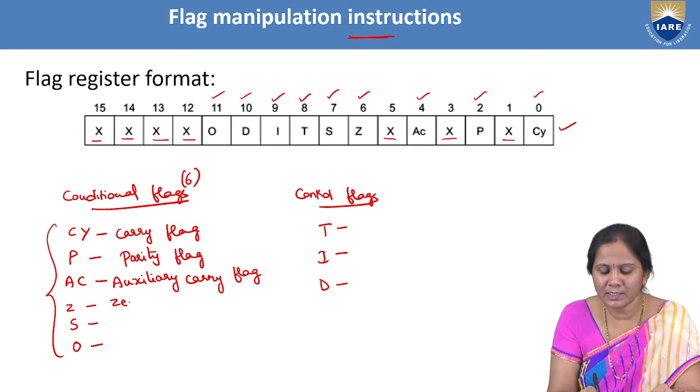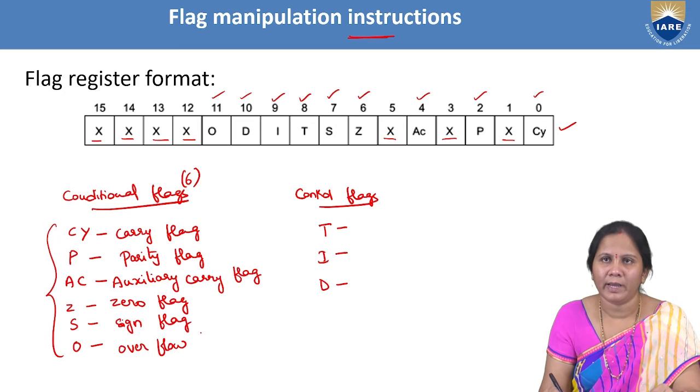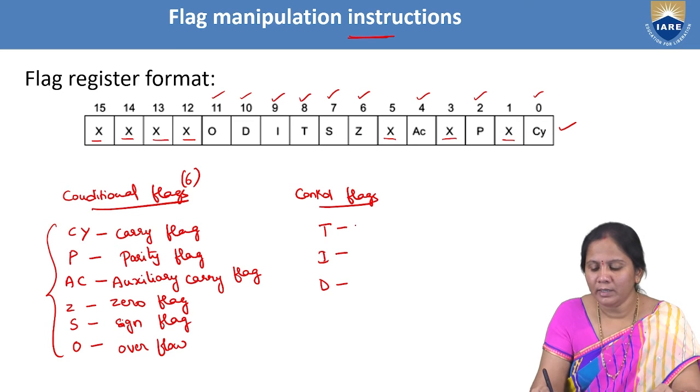Z represents the zero flag. S represents the sign flag, and O represents the overflow flag. These are the 6 conditional flags.